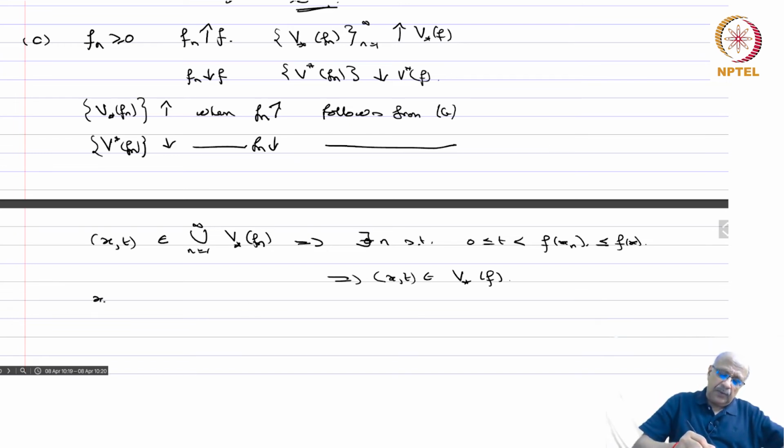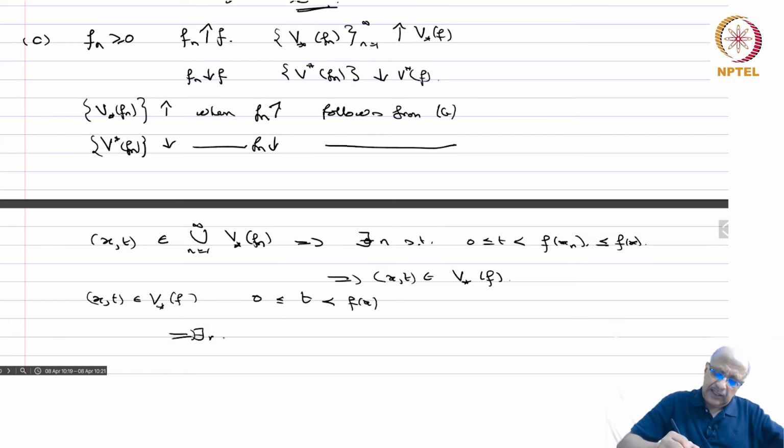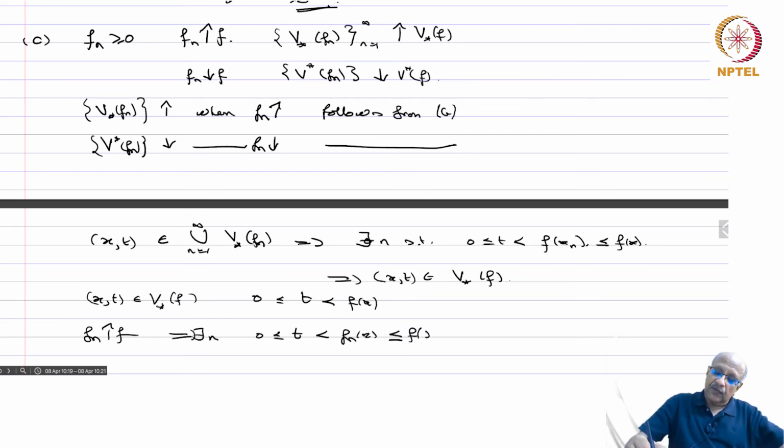Now if (x, t) belongs to V sub star of f, then you have that 0 less than or equal to t strictly less than f of x implies there exists an n, since f_n increases to f, such that 0 less than or equal to t strictly less than f_n of x, which is less than or equal to f of x.